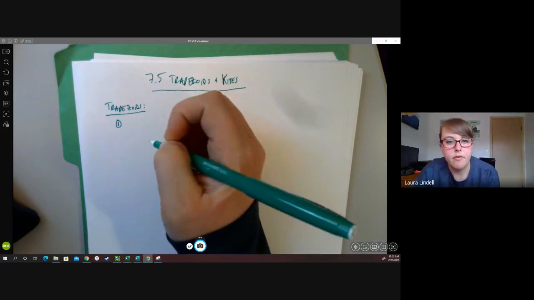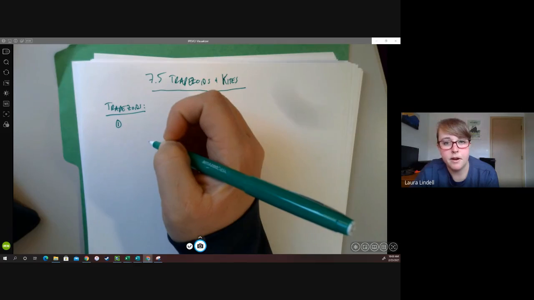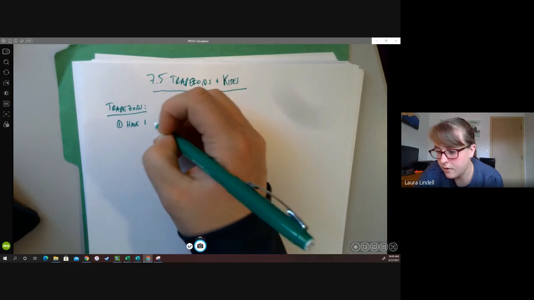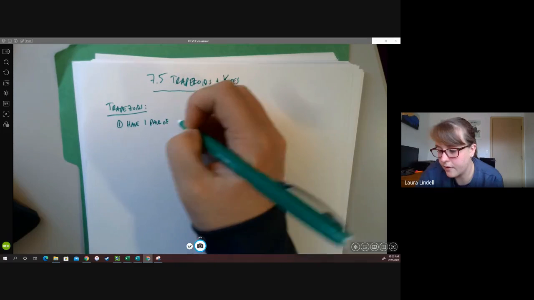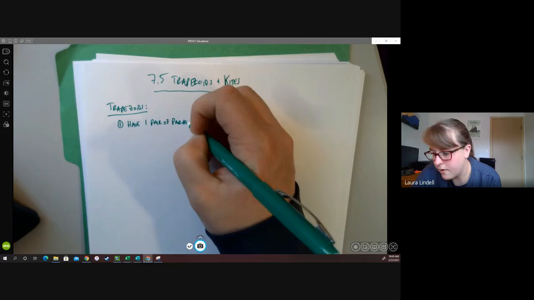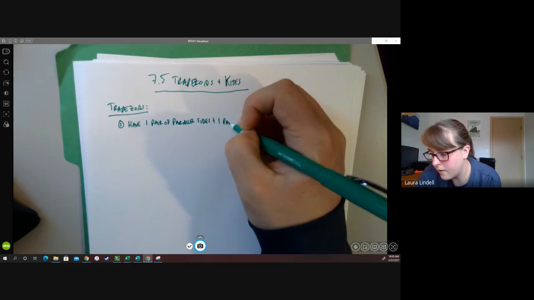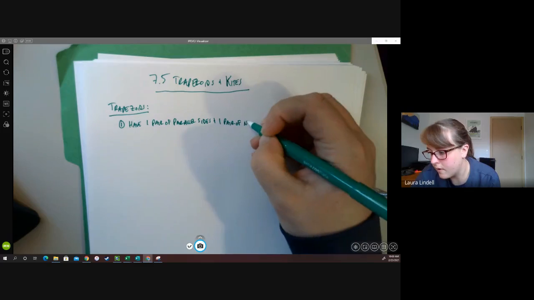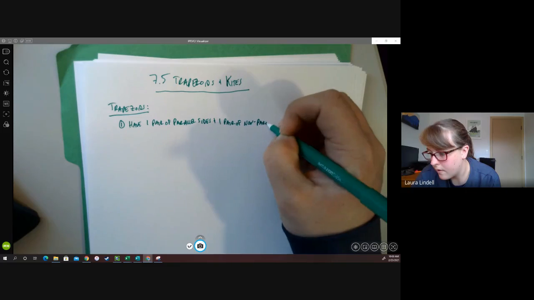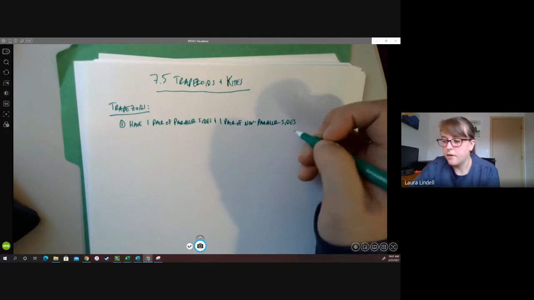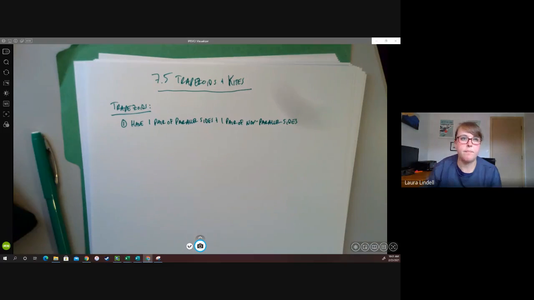First thing, they have one pair of parallel sides and one pair of non-parallel sides.